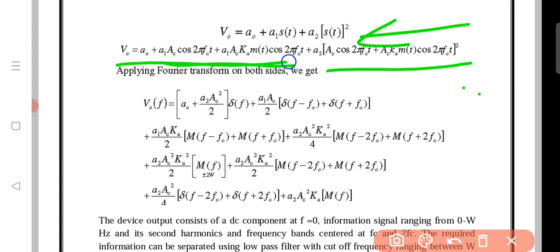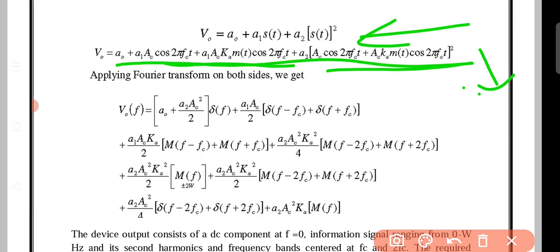Substitute S of t into the equation and expand it step by step. You just expand or simplify this equation step by step on your notebook. In that derivation, different higher order harmonics are present.